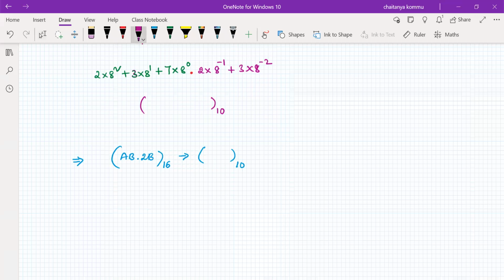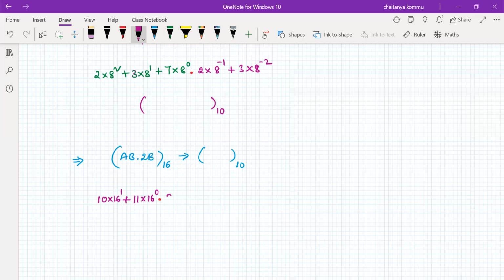The next one is something like this. What is B? B stands for 11, right? I'm talking about after the decimal point. B stands for 11 multiplied with 16 power 0, plus A, which stands for 10, into 16 power 1.